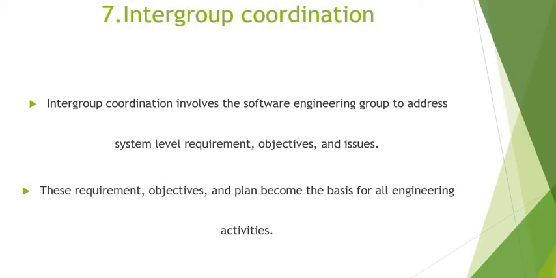It is the responsibility of the project engineering groups to participate in establishing the system level requirements, objectives and plans by working with the customer and end user. As appropriate, these requirements, objectives and plans become the basis for all engineering activities.